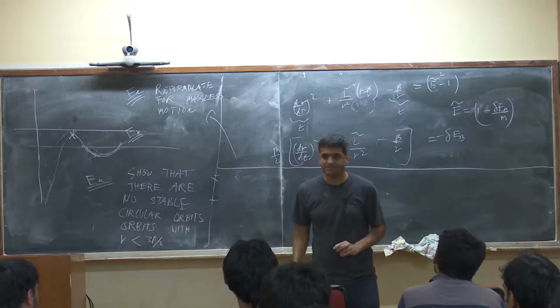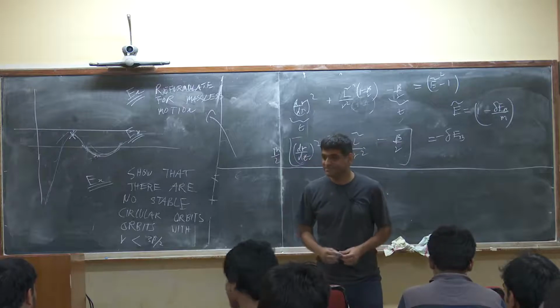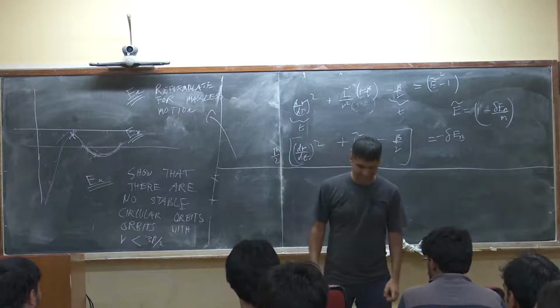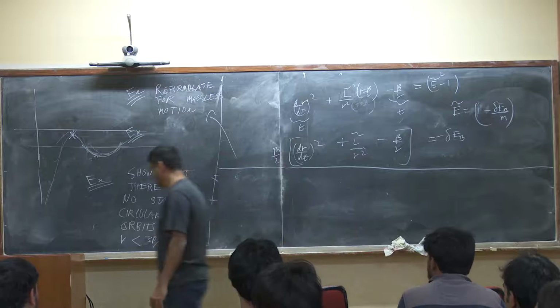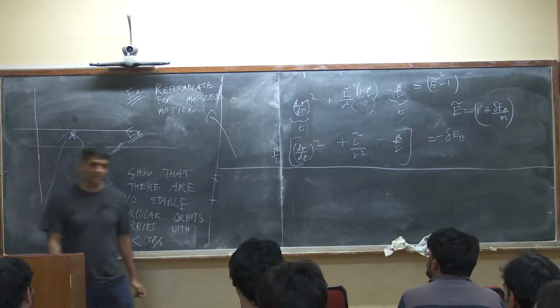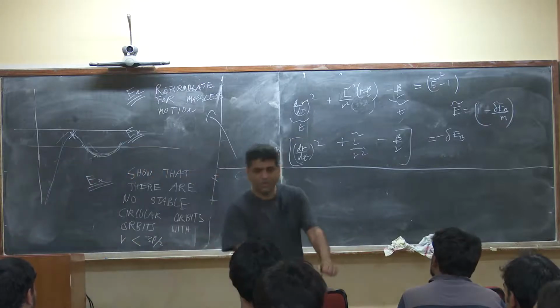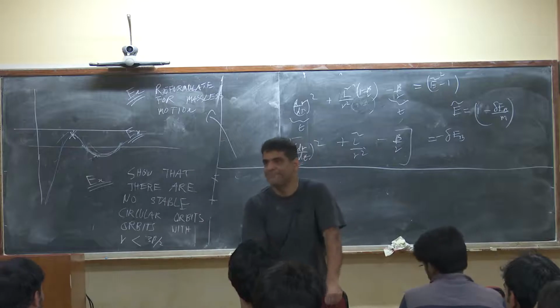Otherwise, we'll go on. So can this be put in the Hamilton-Jacobi form? It can. In fact, that is in some way the most beautiful way to solve the problem.